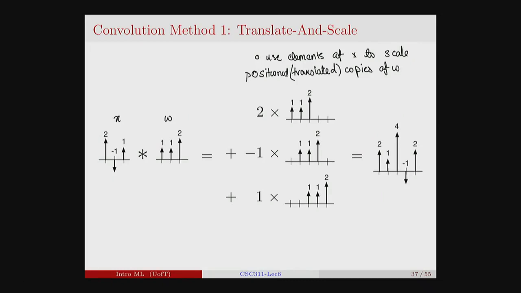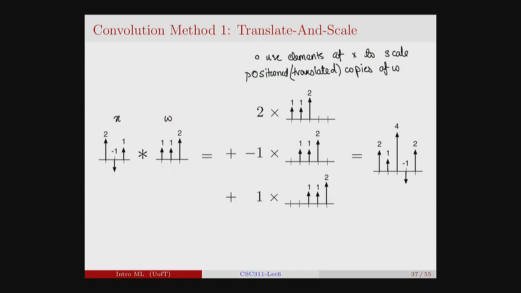The first way is to use elements of X to scale positioned or translated copies of W. So let's look at what that means. X is going to be the vector 2, minus 1, 1, and W is going to be the vector 1, 1, 2.